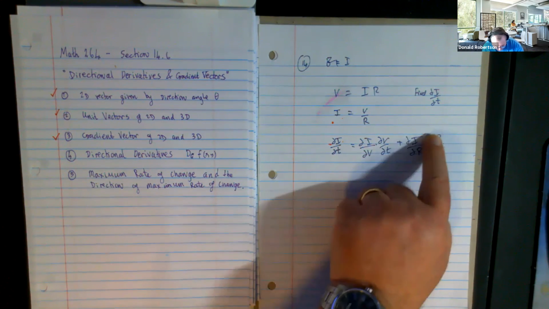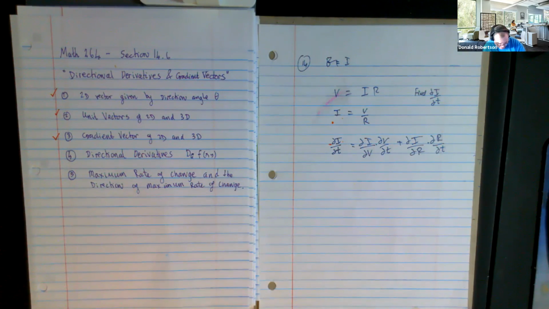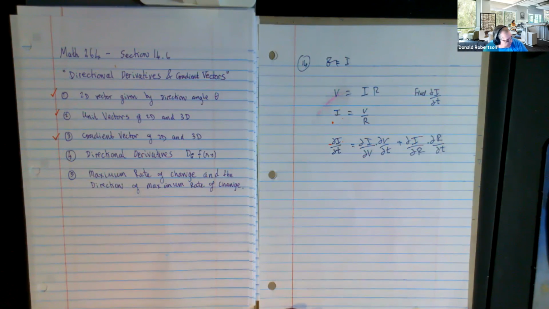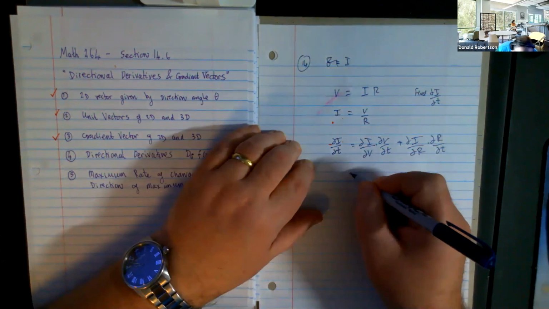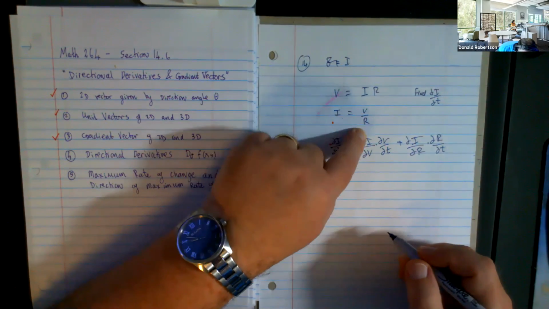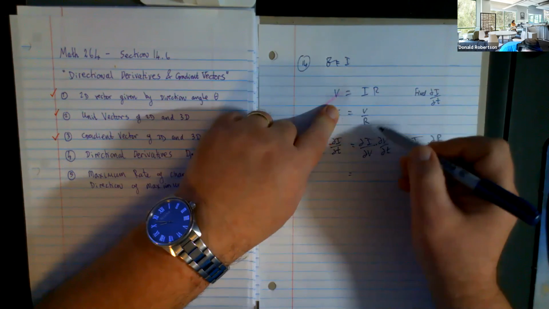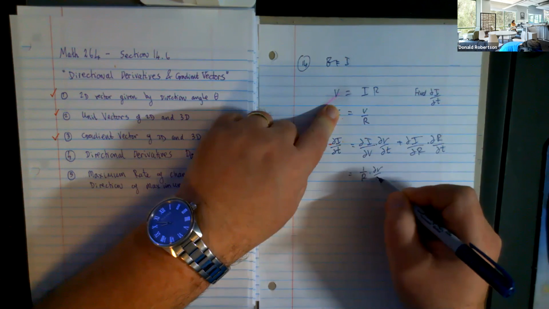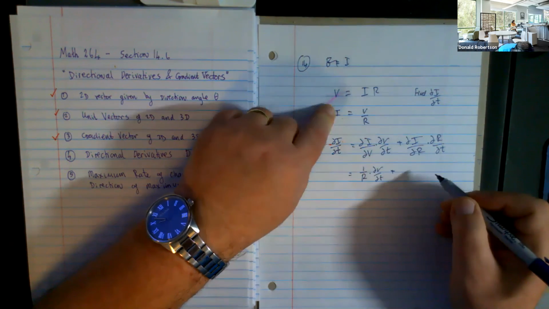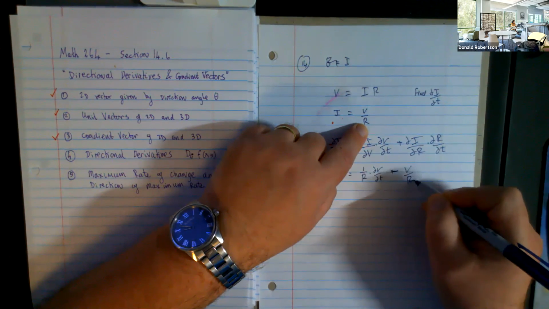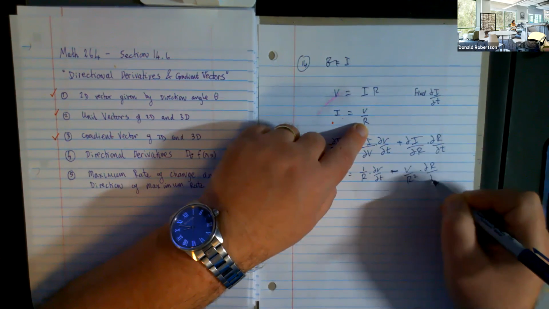Cancel them, you get this. Cancel them, you get that. Great. Each of these things are numbers they have already told me somewhere. If you differentiate this with respect to v, you get 1 over r times dv by dt. And if you do it with respect to r, you get negative v over r squared times dr by dt.